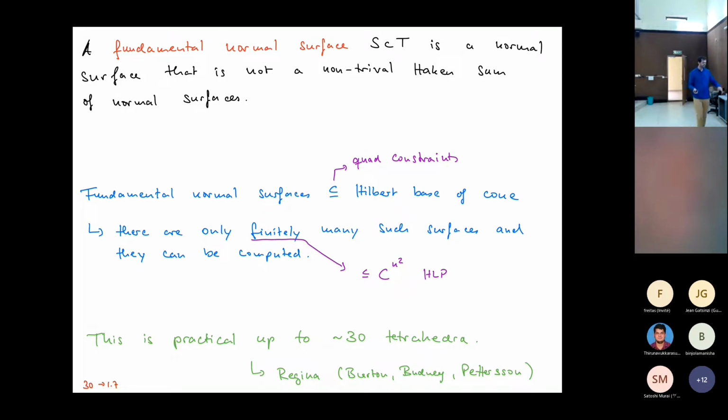Okay, so I think this constant is pretty big, but again, as Ben said before, if you actually try to enumerate these fundamental normal surfaces, that is practicable up to 30 tetrahedra. And 30 tetrahedra give you many, many unknot complements, basically. All right. Again, you can use Regina to enumerate fundamental normal surfaces.